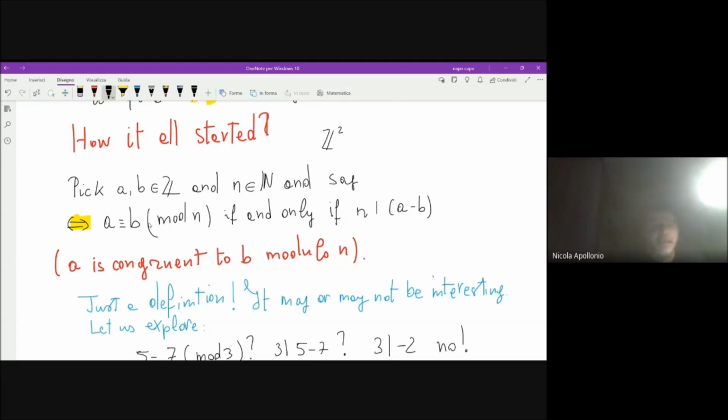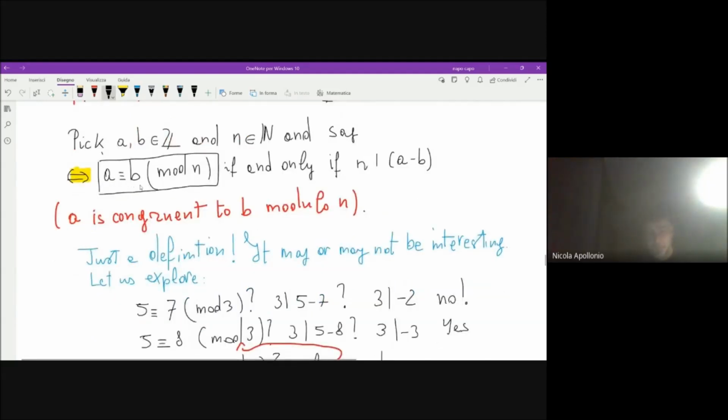We say that a is congruent to b modulo n, and we write the statement in this form, when n divides a minus b. Just a definition. a is congruent to b modulo n if and only if n divides the difference a minus b.